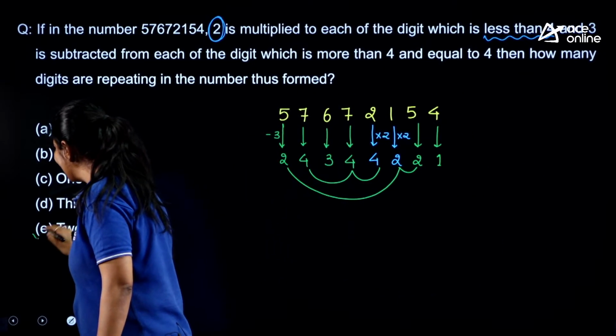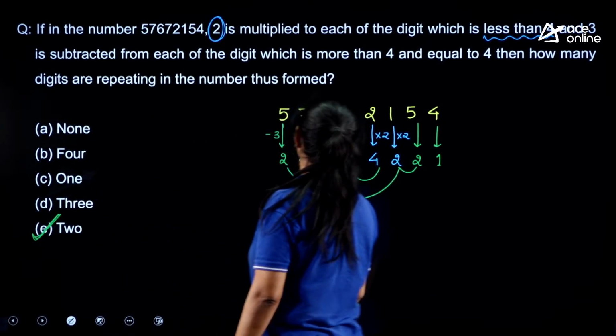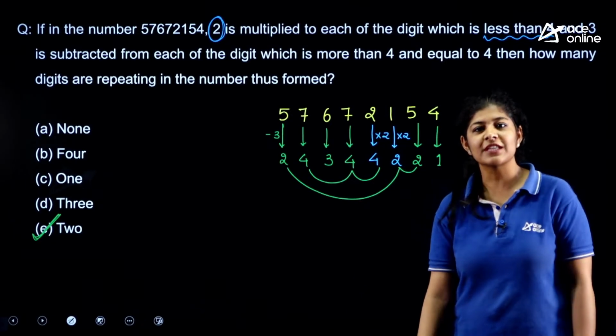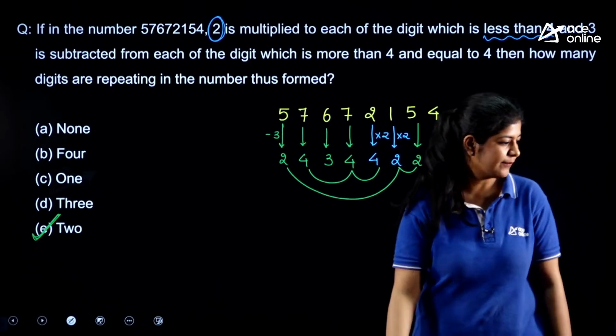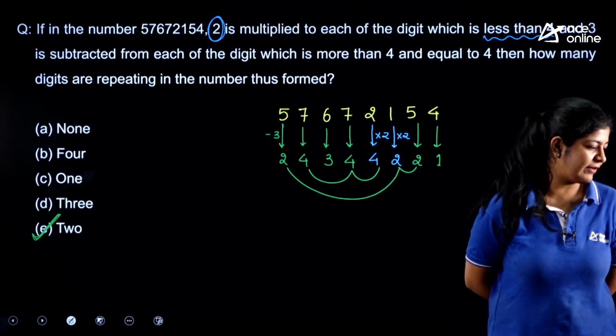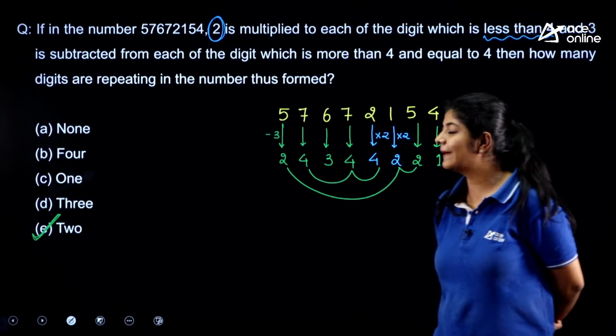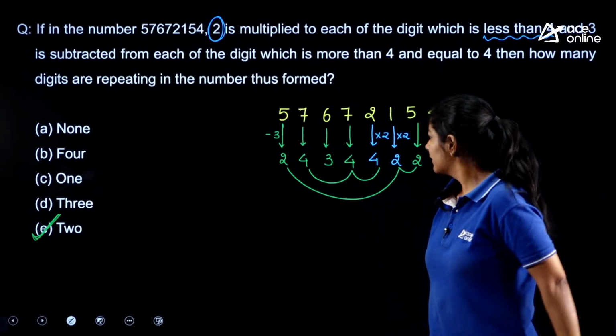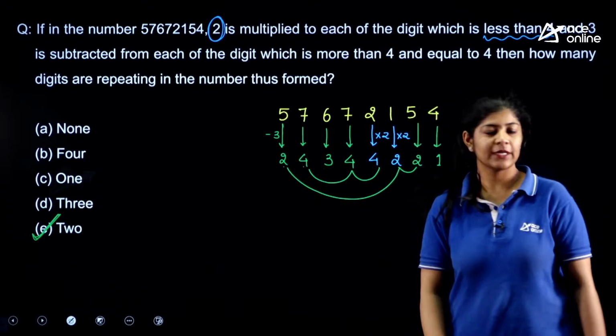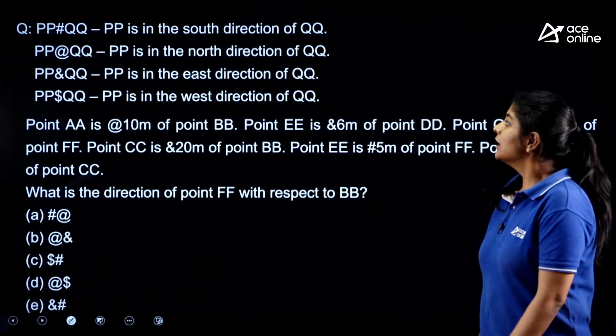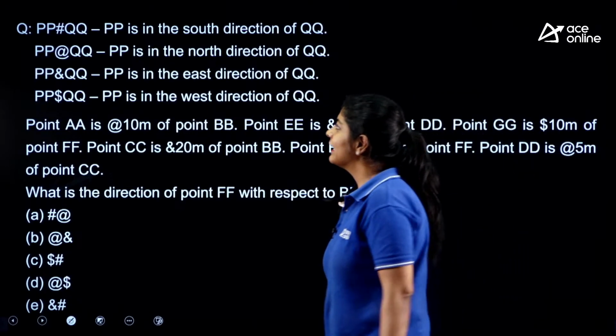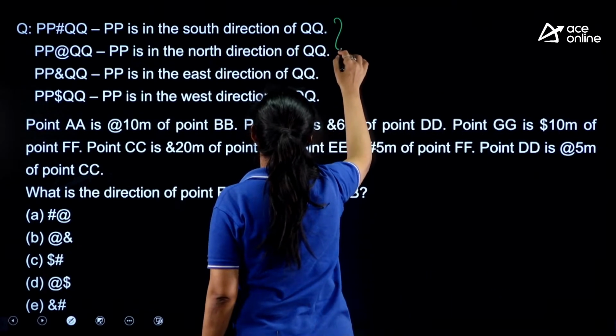Option E is the correct one. The correct answer is that only 2 digits are repeating, the 2 and the 4, and that is option E. Clear?